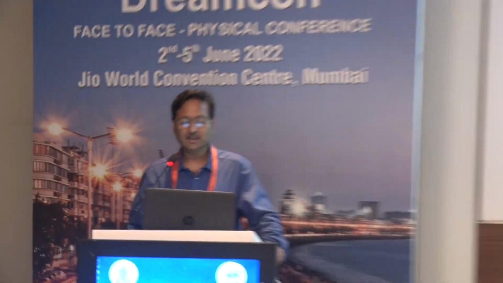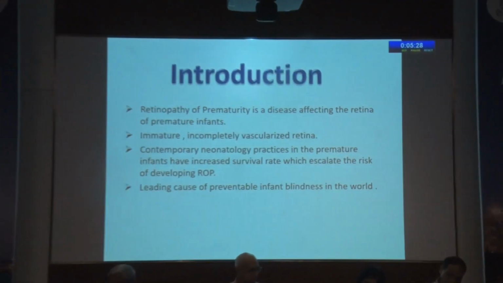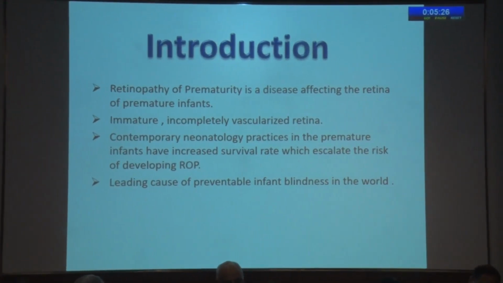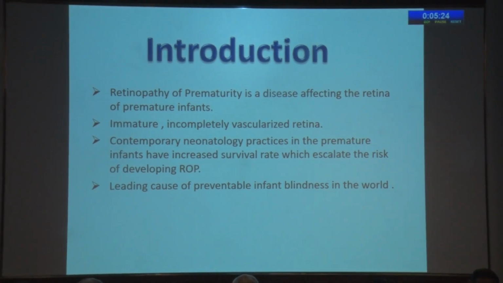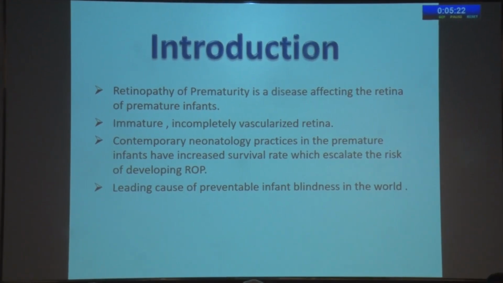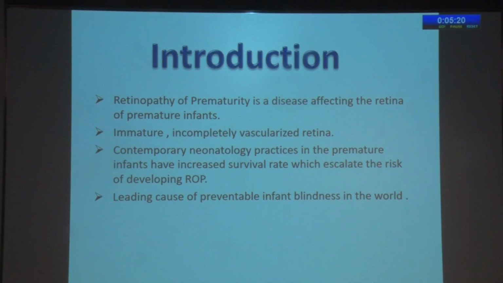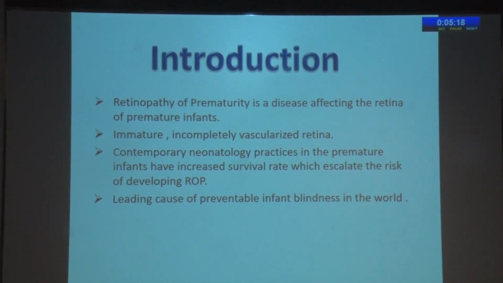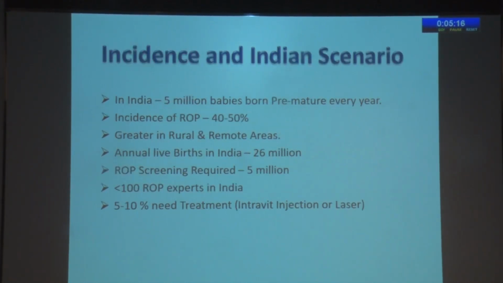As you know, retinopathy of prematurity is a disease affecting the retina of premature infants. Immature and incompletely vascularized retina is the hallmark of the disease. Contemporary neonatology practices in premature infants have increased the survival rate, which escalated the risk of developing ROP. It is the leading cause of preventable infant blindness in the world.